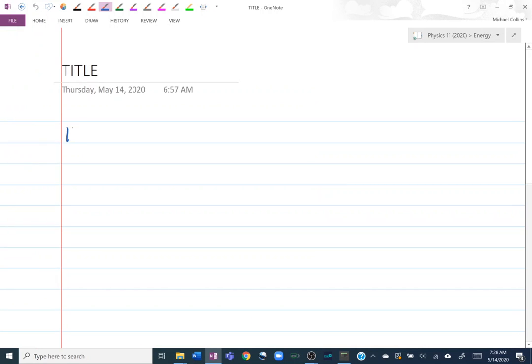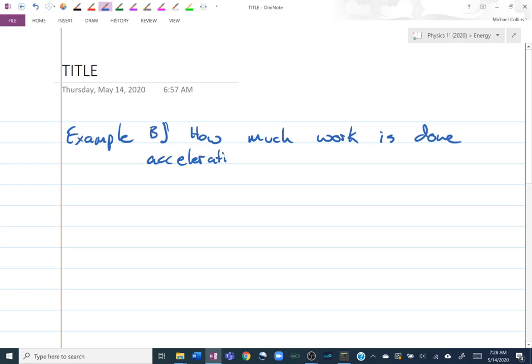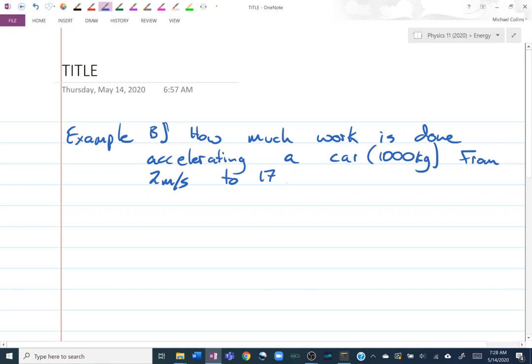I can do a similar example where we talk about, I think it's example B. How much work is done accelerating a car, let's say it's 1,000 kilograms, from 2 meters per second to, I don't know, 17 meters per second.